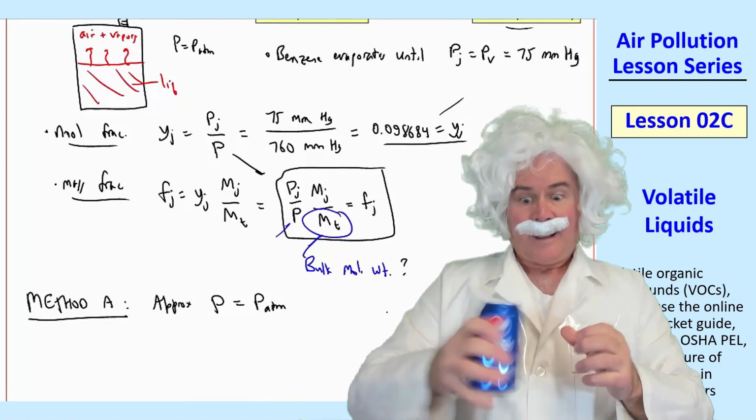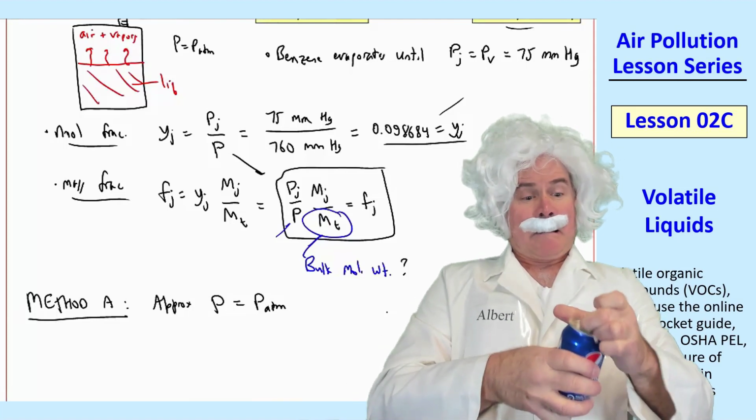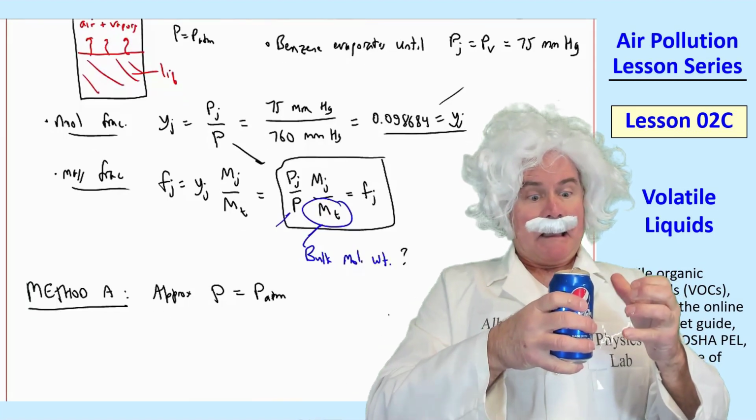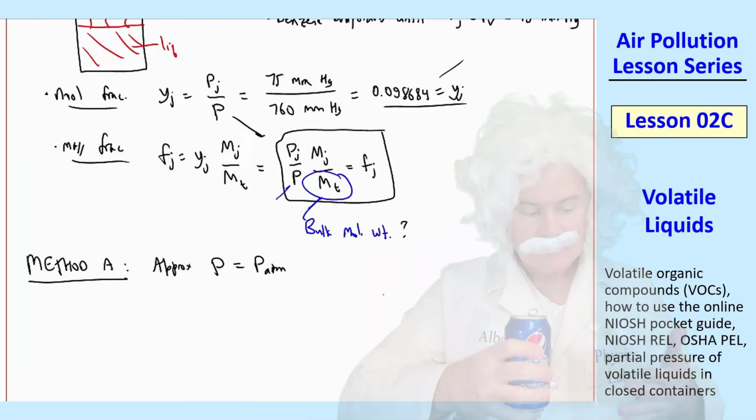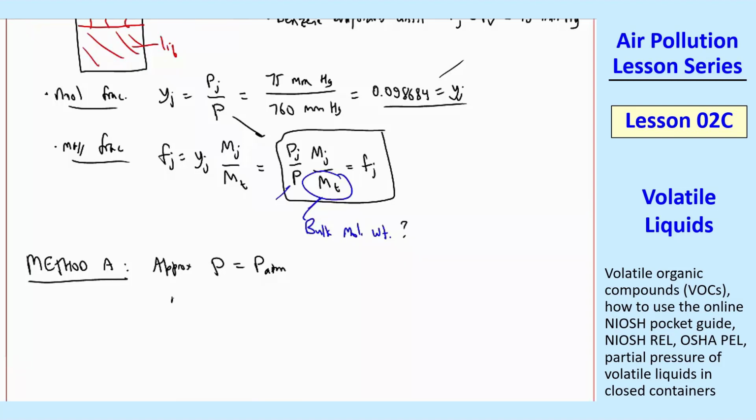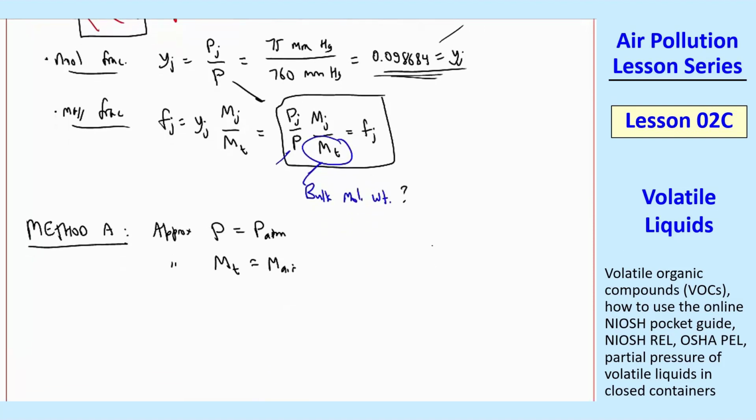Shake up a bottle of soda and open it and you'll see what I mean. So the pressure builds up as there's more gas in there if it's tightly sealed. So that's an approximation. We also approximate that Mt is M air. So we're assuming there's a negligible amount of benzene gas. Well, there's actually about 10% from up here, but let's assume here that it's negligible just as an approximation.